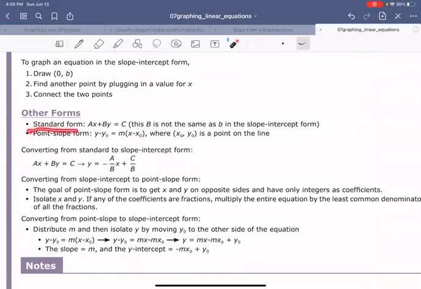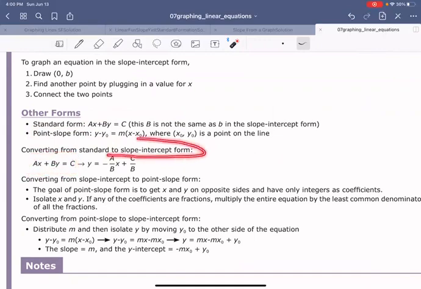We also learned the standard format, right? This is the standard format. Did I also introduce the point-slope format? Yes. These 3 formats can be converted to each other. You have this as your standard format.